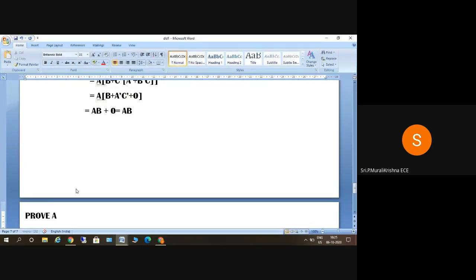So prove A XOR B XOR B is equal to, so A bar XOR so B bar.